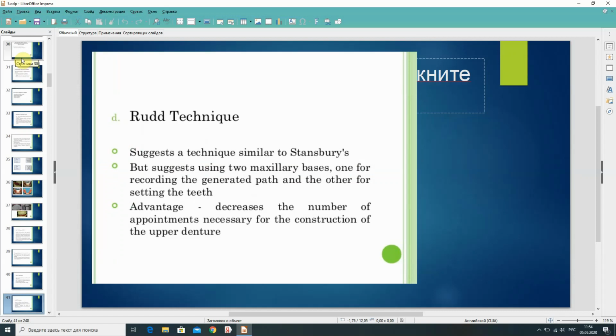Root technique suggests a technique similar to Stansbury's, but suggests using two maxillary bases, one for recording the generated path and the other for setting the teeth. Advantage: decreases the number of appointments necessary for the construction of the upper denture.